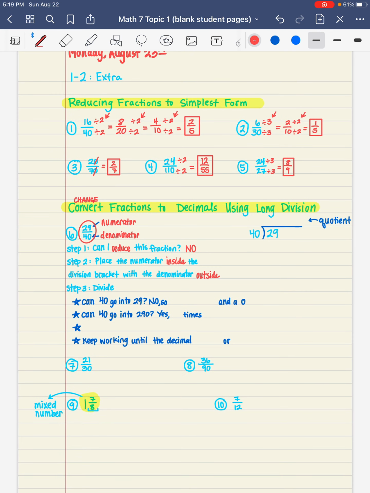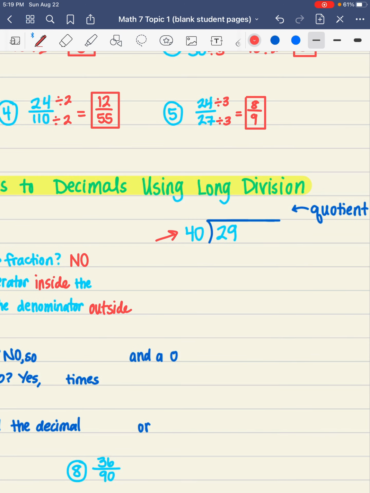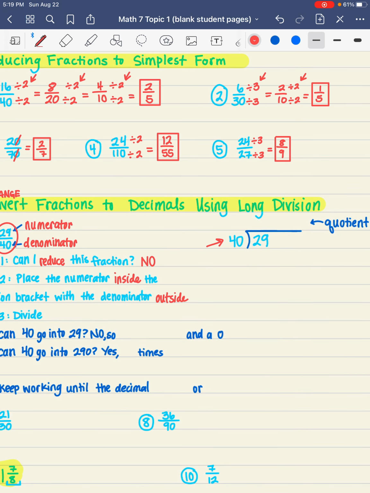So that's what you see right here. We place the top number inside that division bracket, and we place the bottom number on the outside.